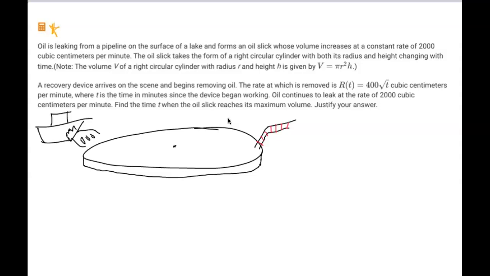Now, we're given the rate at which oil is going out. That's R of T. That's already a rate. What's the rate that oil is spilling in? 2,000 cubic centimeters per minute.